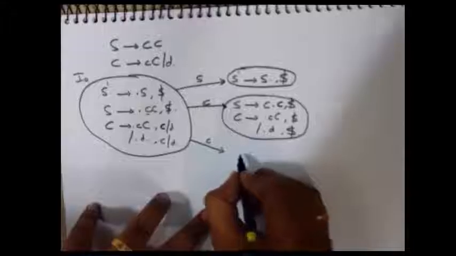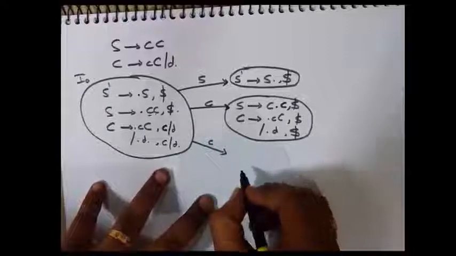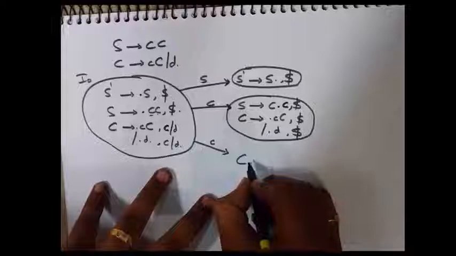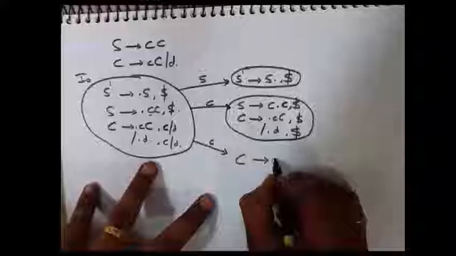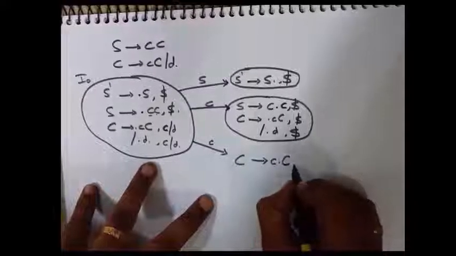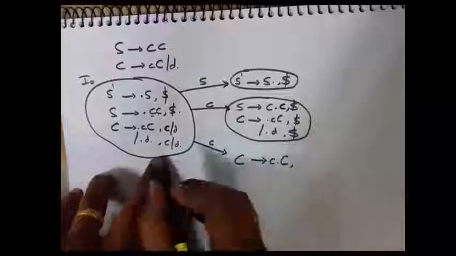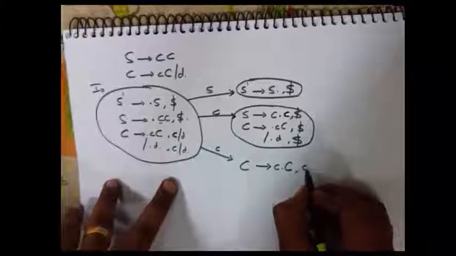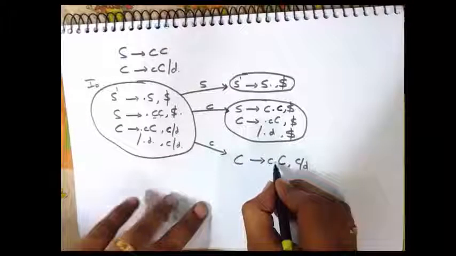Now the following production through transition c gives us C derives small c dot C, comma, the look ahead for the previous state, which is obviously C or D, not changed through the transition.